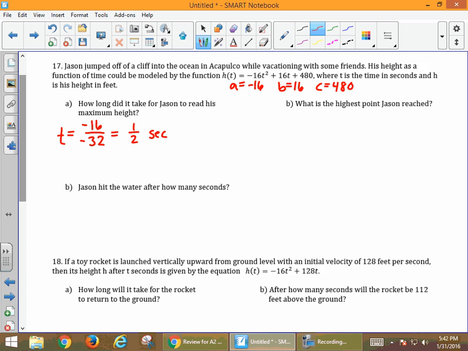What is the highest point that Jason reached for part B? That will be the height at 1/2 of a second. So the height at 1/2 of a second is negative 16 times 1/2 squared plus 16 times 1/2 plus 480.